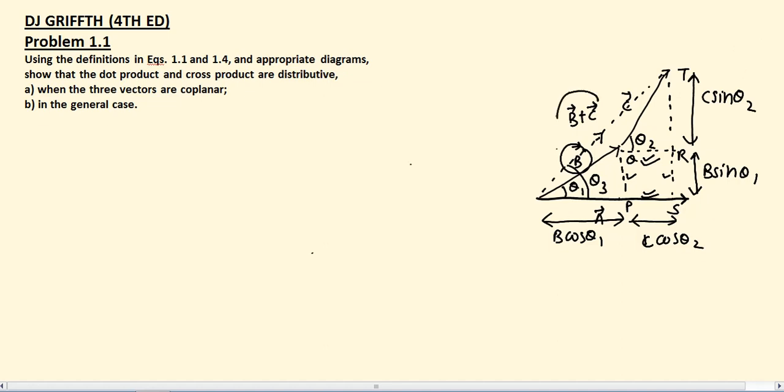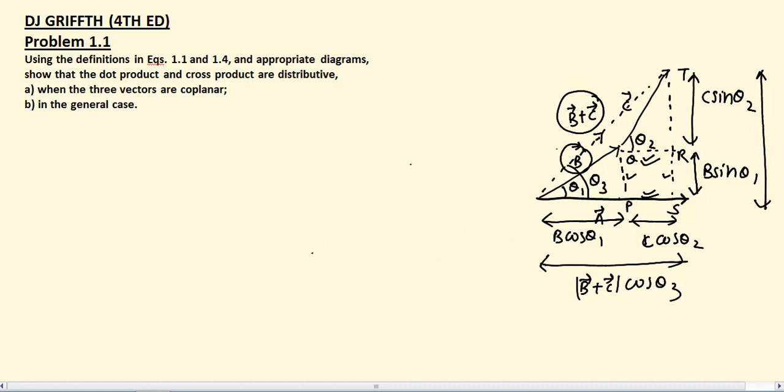Now again resolving this vector, here we will have this segment equal to B plus C magnitude cos theta 3 and this side equal to B plus C magnitude sin theta 3.